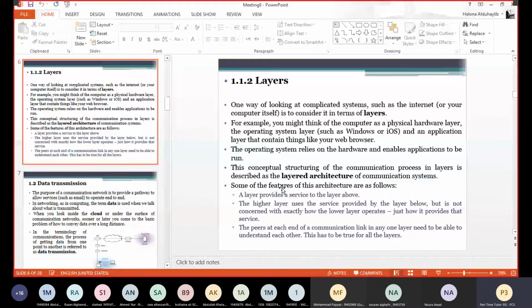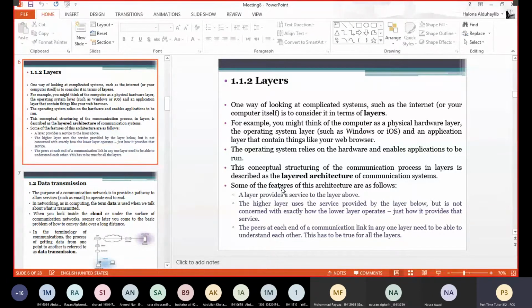So we will have the physical hardware layer, including your computer with the keyboard, the mouse, and the screen. Then we will have the operating system layer, which is Windows or Macintosh or Linux. Then we will have the application layer, including the different applications and programs in your computer, like the browser, the painter, the Office, different applications.